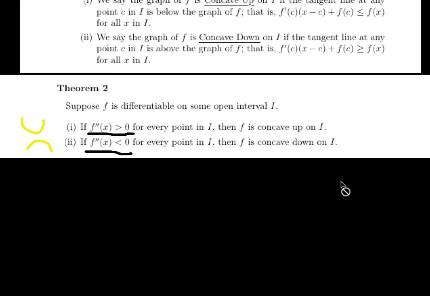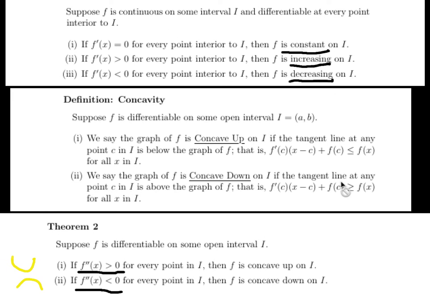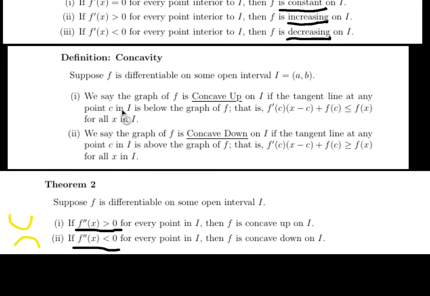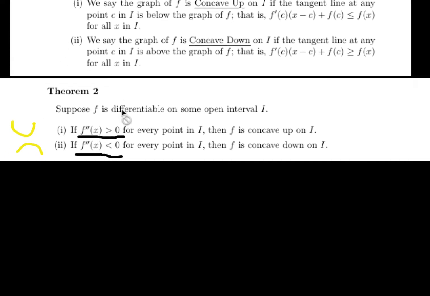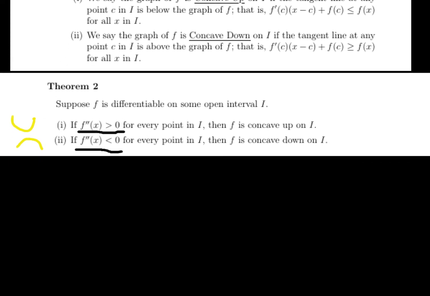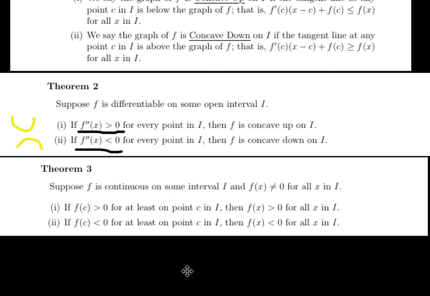And of course, both theorem 1 and theorem 2 are asking, whether the derivative or the second derivative, when is it positive, or when is it negative? And we've been using this third theorem to discover those intervals. It says that if f is continuous and not 0 for all x in the interval, then if f is positive for at least one point, then it's positive for the whole interval.